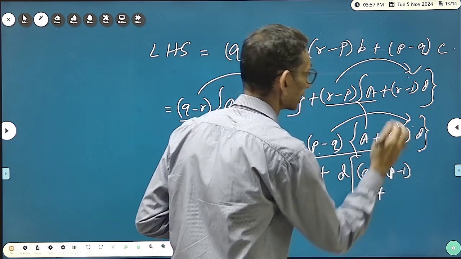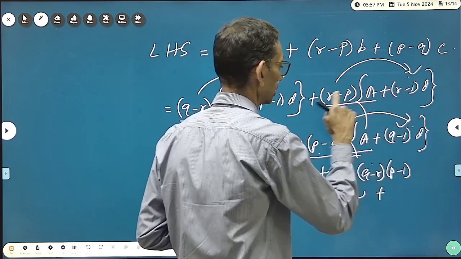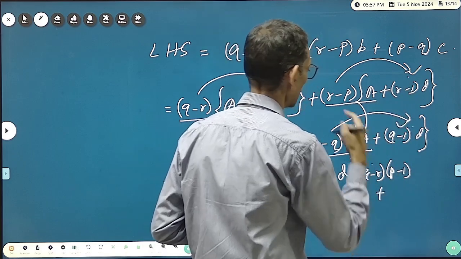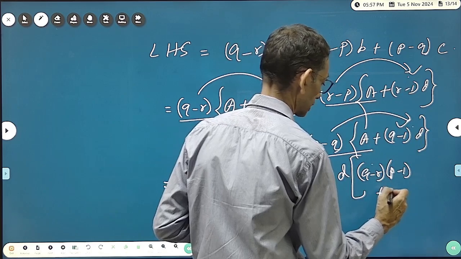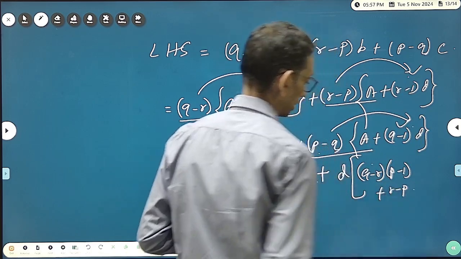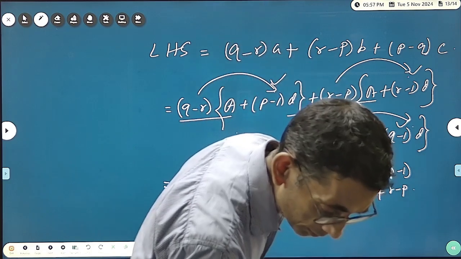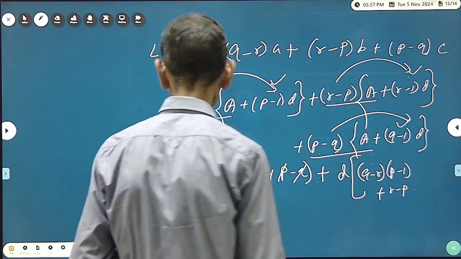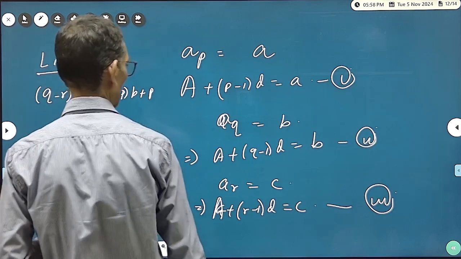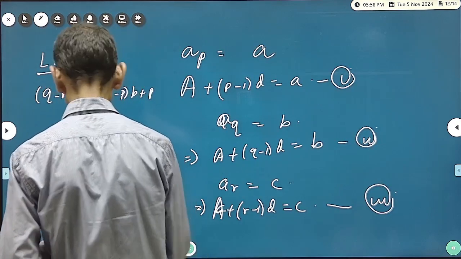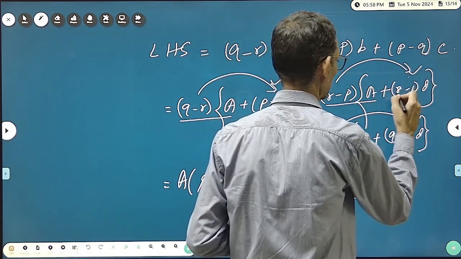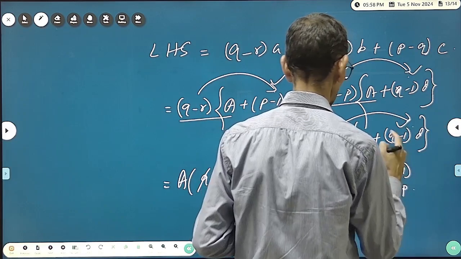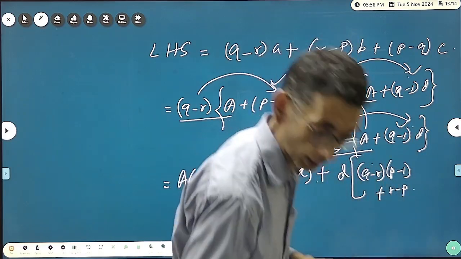Plus the second term: R minus P, R minus 1. The B term, Q minus 1, and the second R minus 1.